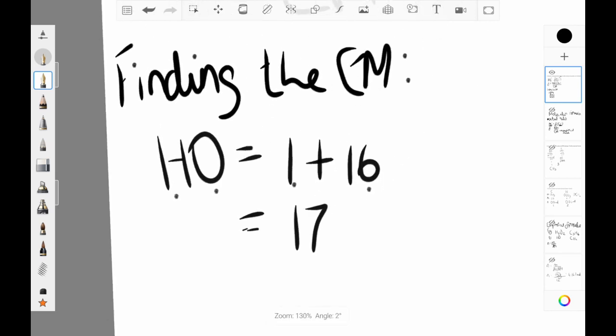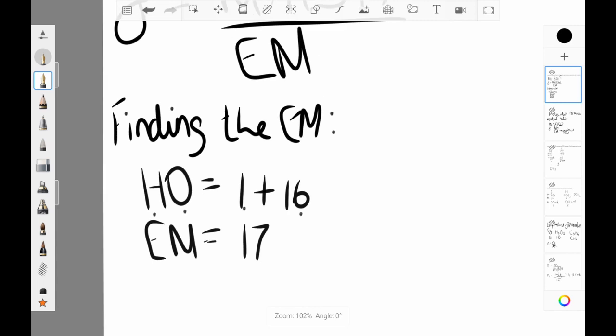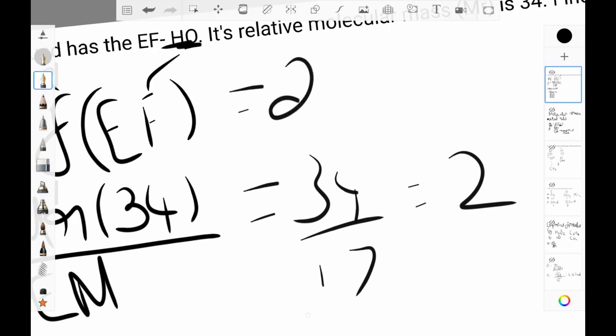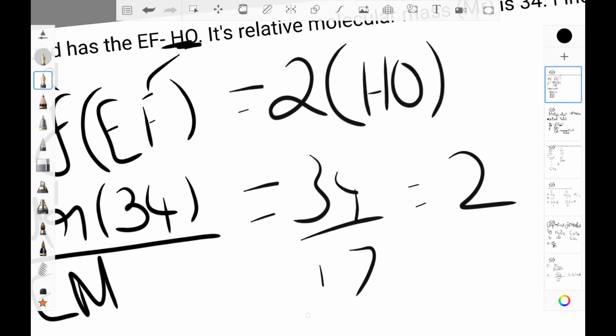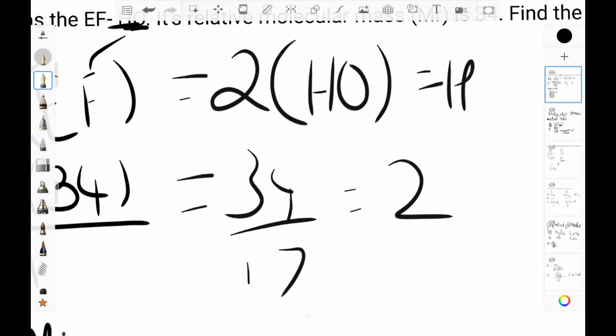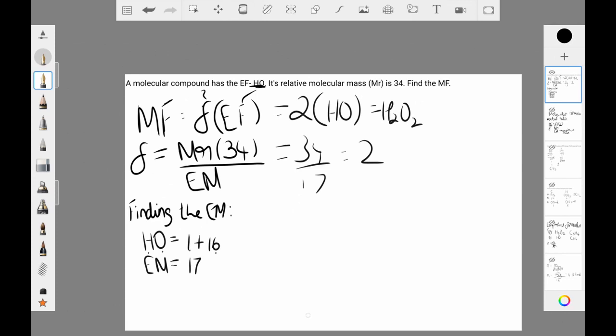That's the EM. So the factor is 34 over 17, which is 2. So your factor 2 can be applied to HO, and this will give you a molecular formula of H2O2. And that's how you find the molecular formula of any compound.